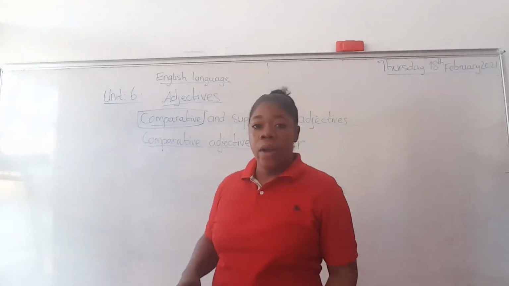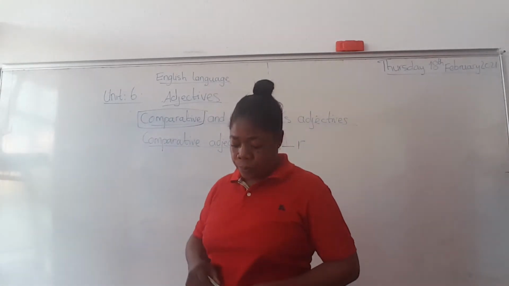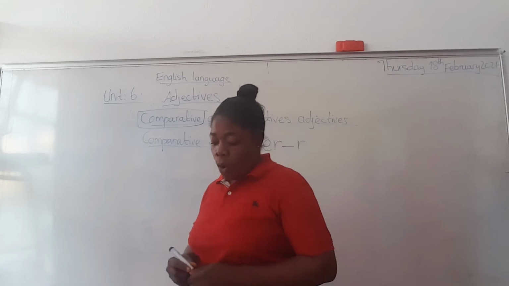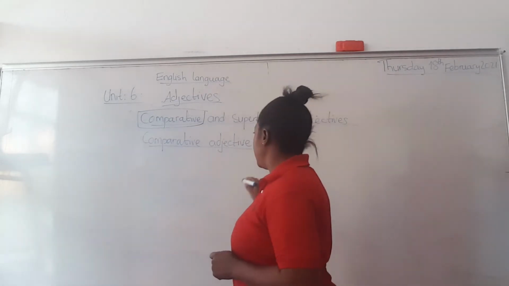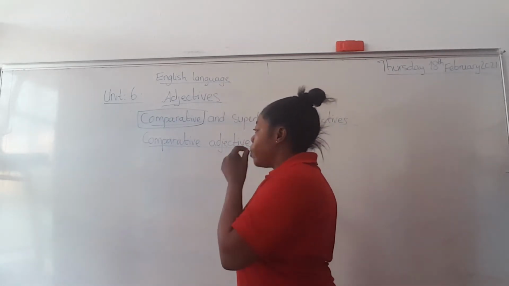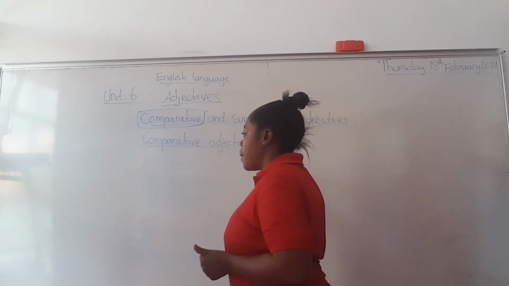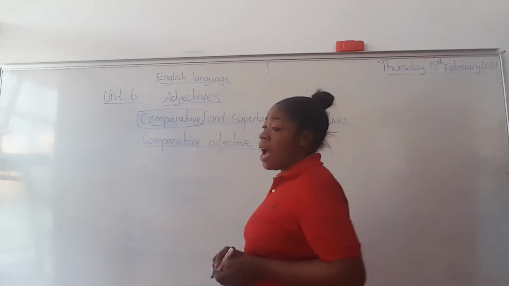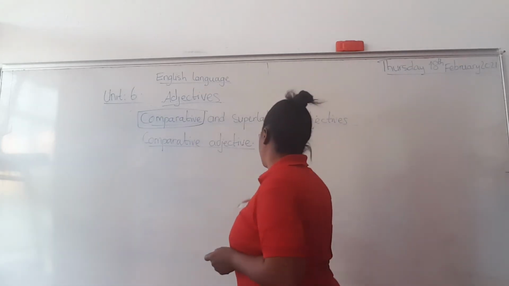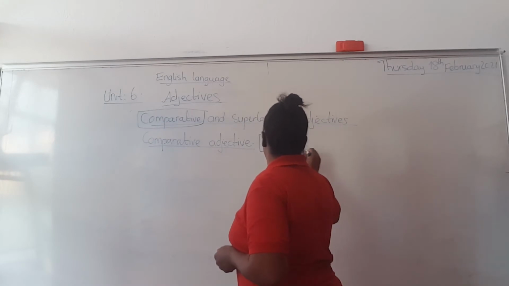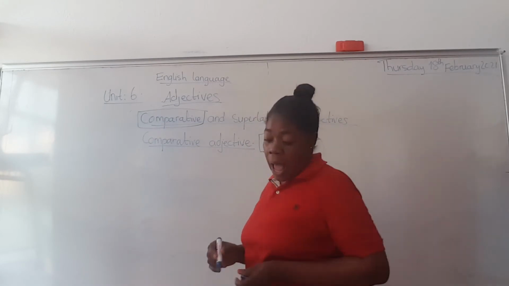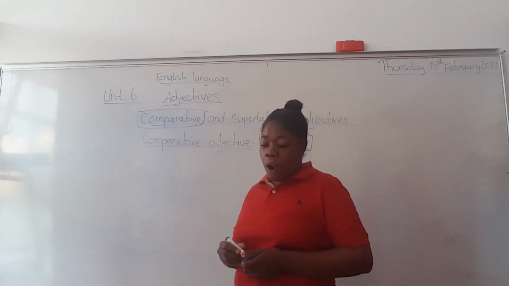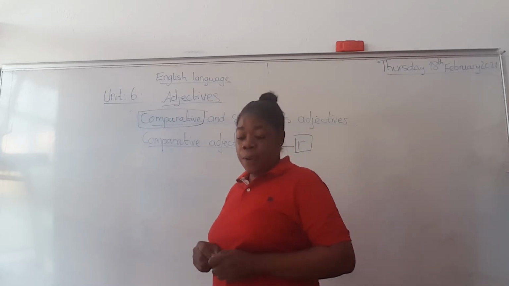When an adjective is ending with a consonant, we add er. When it is ending with a vowel e, we add r to form a comparative adjective.